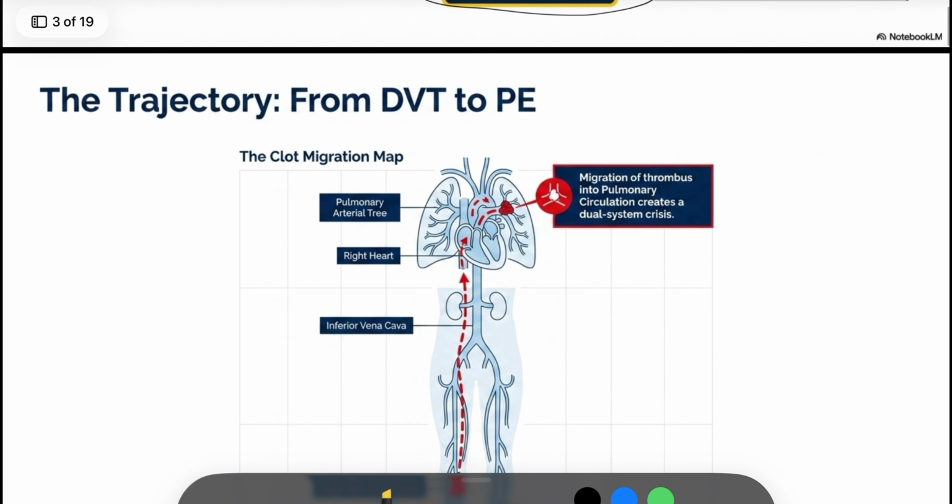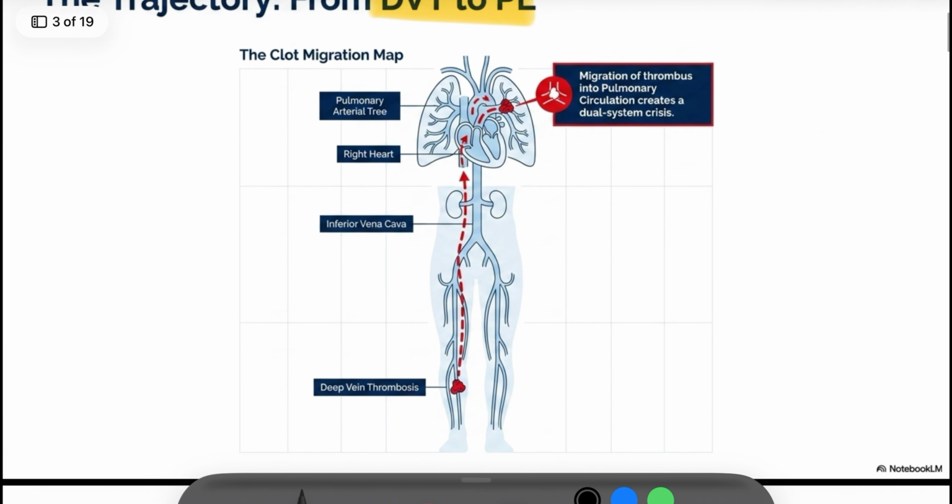Then coming to how this pulmonary embolism is caused from DVT. Just see, there is a clot formed in a lower limb, and you need to know that we call that deep vein thrombosis.